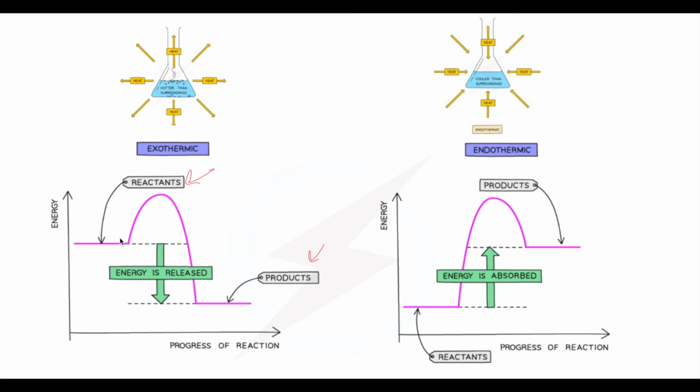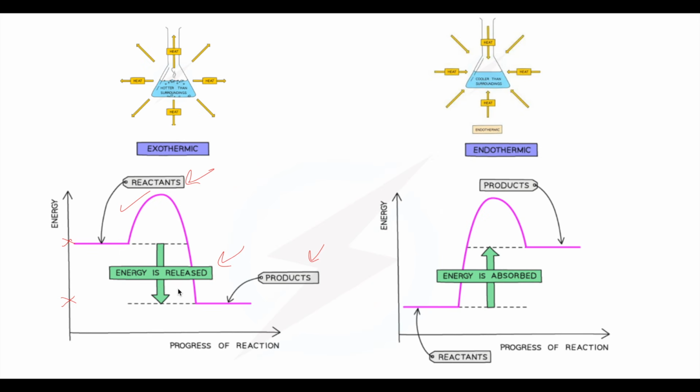Think with me, the amount of energy in reactants here and the amount of energy of products here, which is higher? Very clear, thank you, reactants. So if the amount of energy of reactants is higher than the amount of energy of products, we call this chemical reaction exothermic. They will release energy, as you see, the released energy.